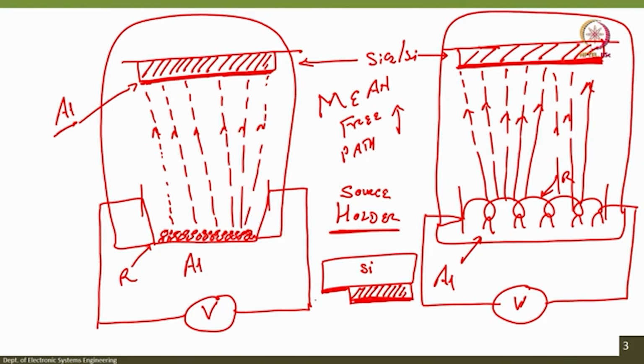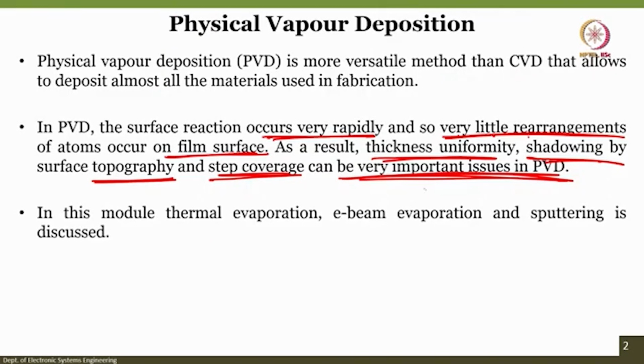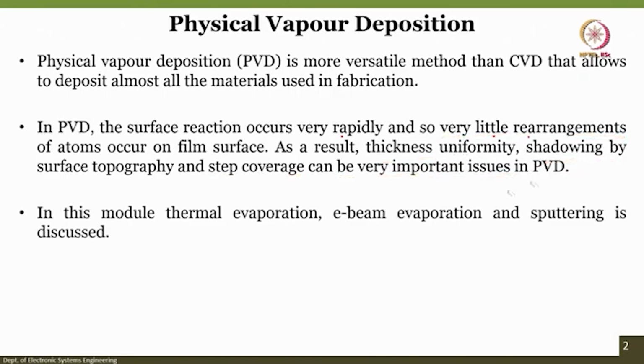This dark one is aluminum, this is aluminum, but in this step, this region, the deposition will not be so uniform. Okay. That is called step coverage, to cover the step uniformly. This step will not be covered uniformly, right. That is what is called the thickness uniformity, shadowing by surface topography and step coverage, right. Step coverage is very important in a lot of applications, and that is a limitation, or the issue, with PVD, right.